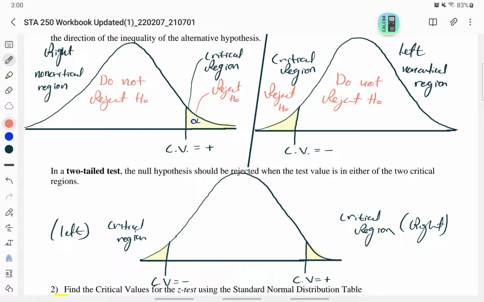So if the test value lands in either one of the critical regions, we're going to reject the null hypothesis. However, if it lands in the non-critical region, which is the middle, we do not reject the null hypothesis. And I mean your test value.